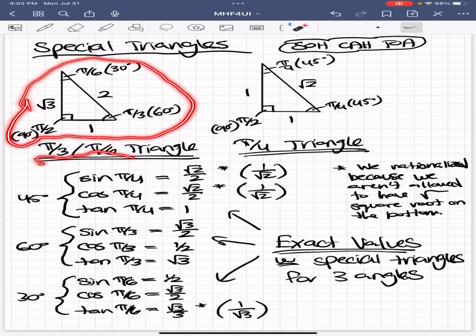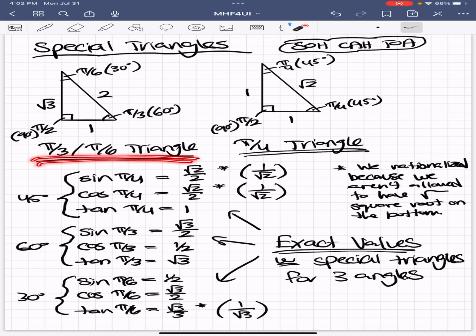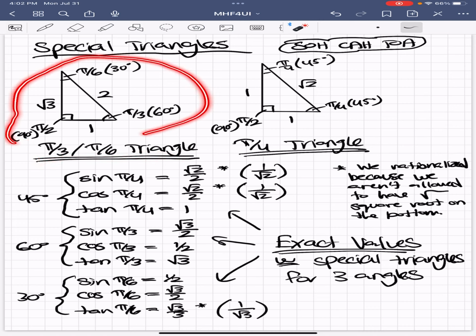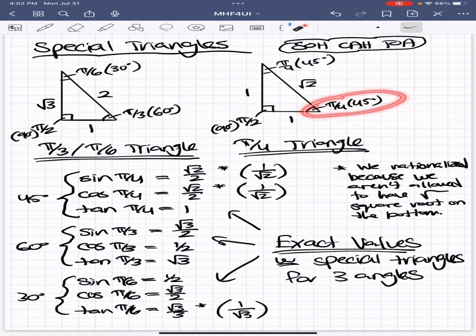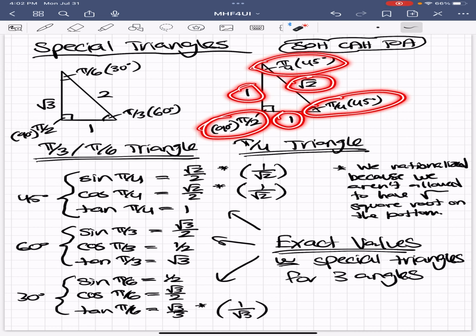That's the pi over 6, pi over 3 triangle. Okay, and then we have pi over 4, pi over 4, pi over 2, and then 1, 1, and the square root of 2, and that's the pi over 4 triangle.